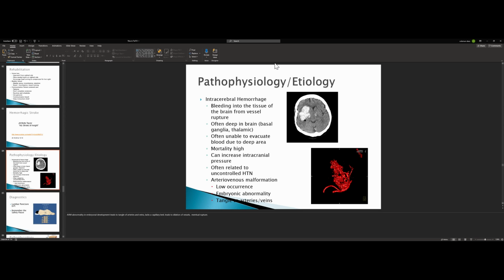If you look on the left side here, this dark area is your thalamus. Then you'd have your caudate, and your putamen and globus pallidus would be in this zone. So this looks like it occurred probably along the MCA territory distribution.